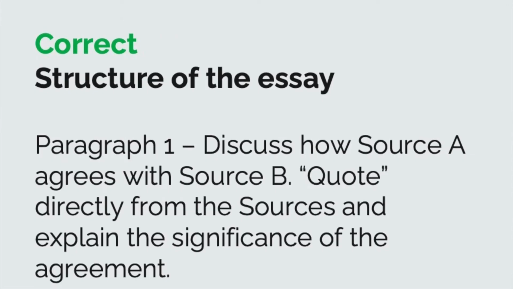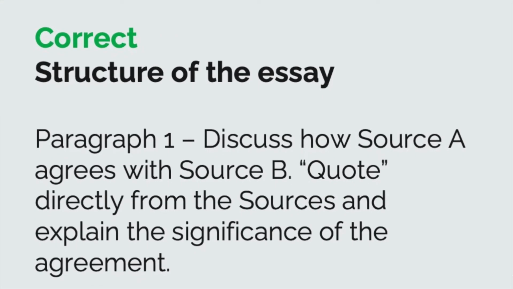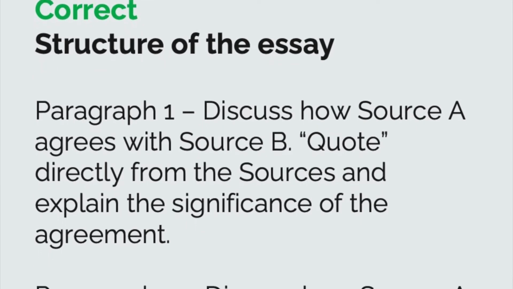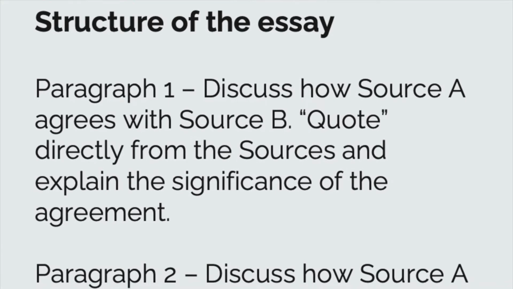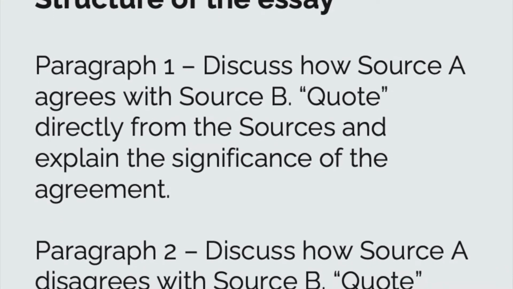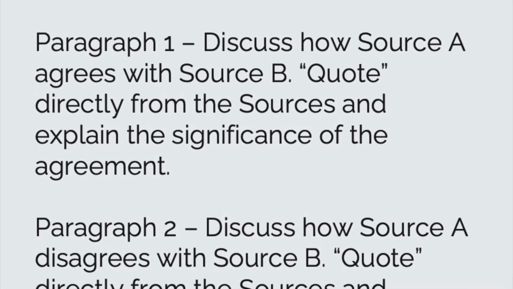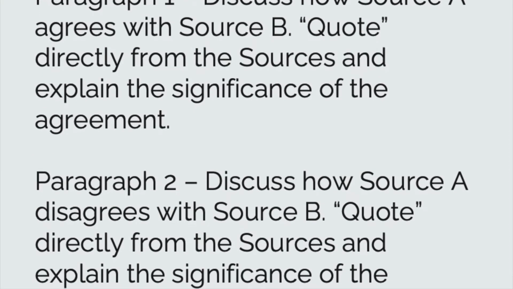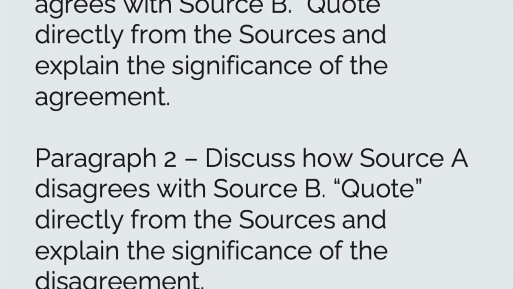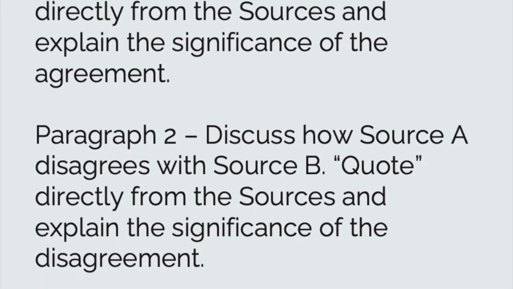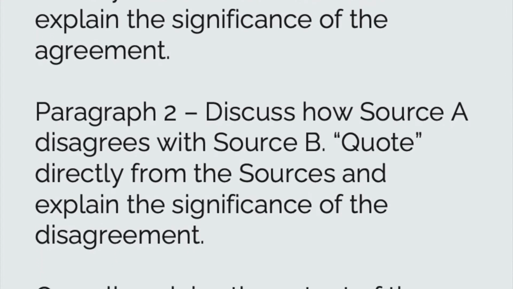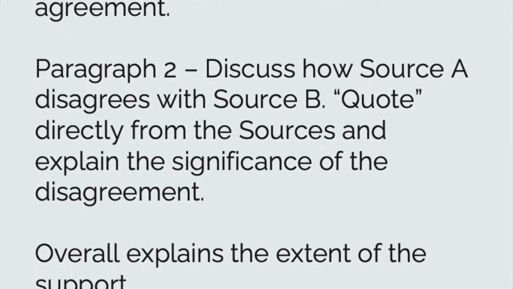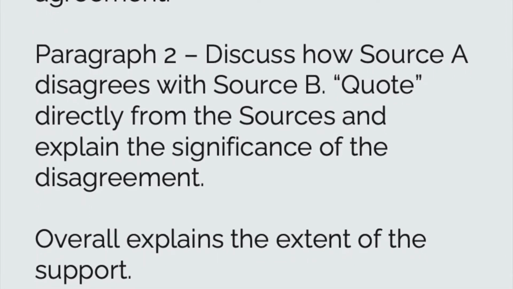So the correct structure, and I won't go through this in detail, is that in the first paragraph, you have to put A and B in the same paragraph in order to show how these things are related. It would be incorrect to write an essay in which all the information about source A is in the first paragraph and all the information about source B is in the second.